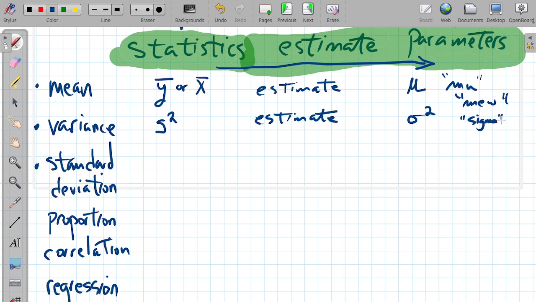Now, there are some computations in this course where we will work with s squared, or variance, but for the most part we want standard deviation, which is just lowercase s. In other words, it's the square root of variance. So s, standard deviation then, estimates lowercase sigma. Easy as that.